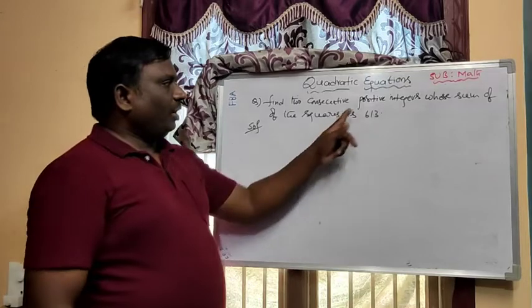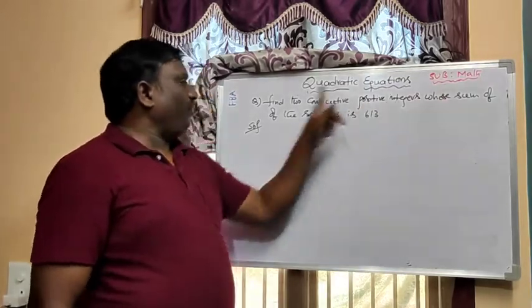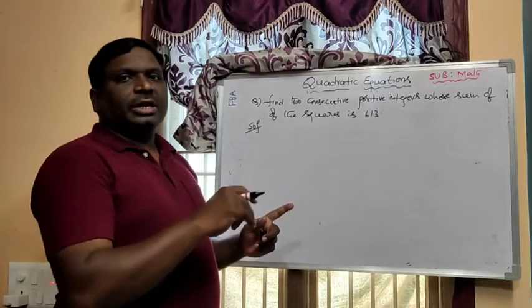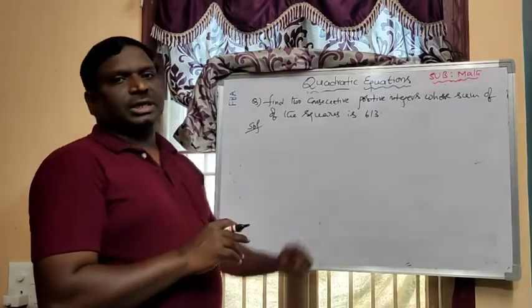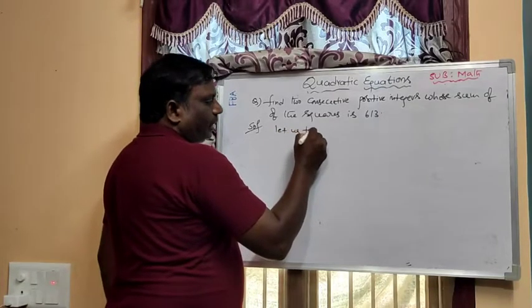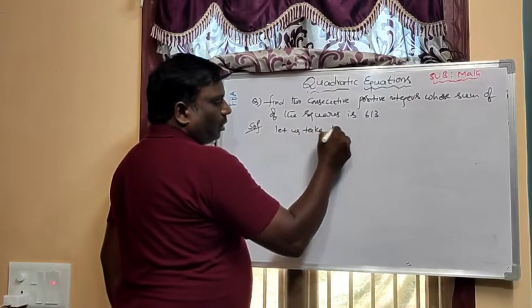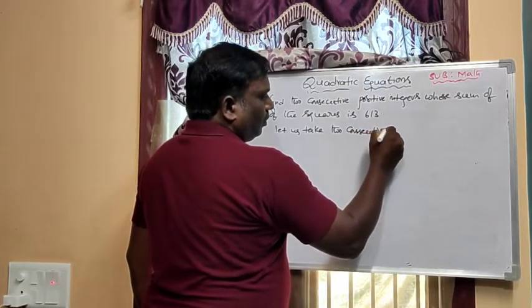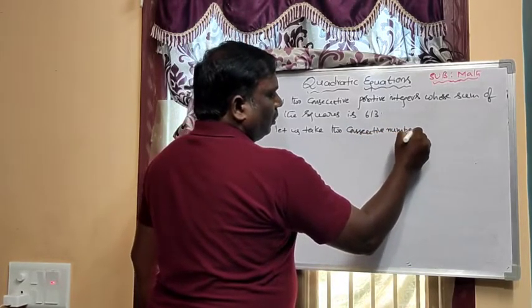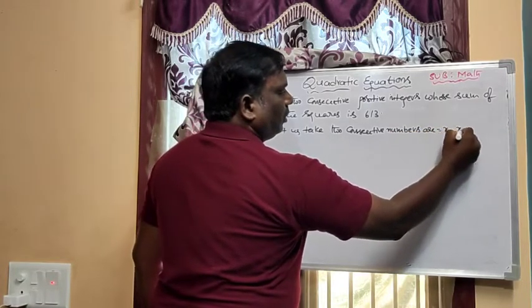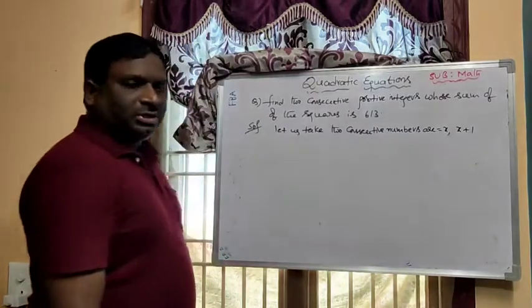Whose sum of the squares, squares means both numbers squared and their addition, their sum is 613. So let us take two consecutive numbers as x, x plus 1.